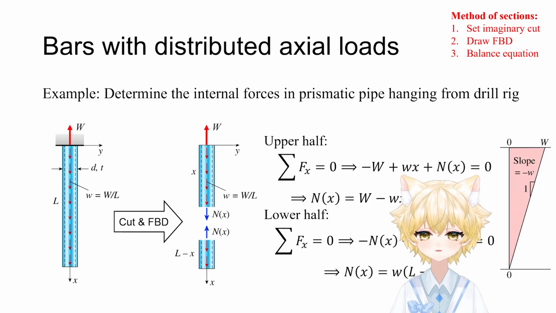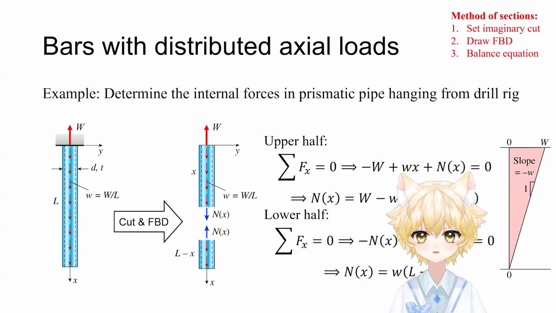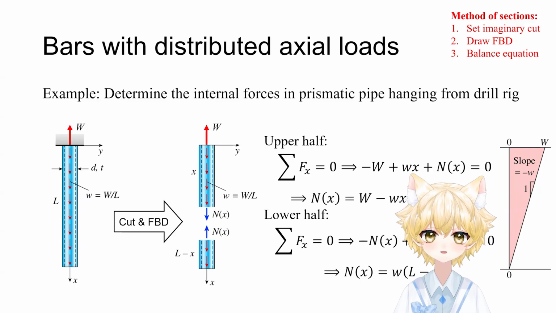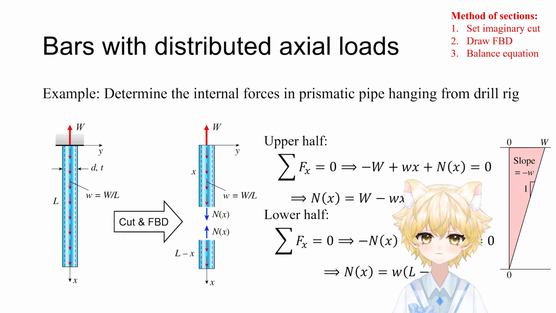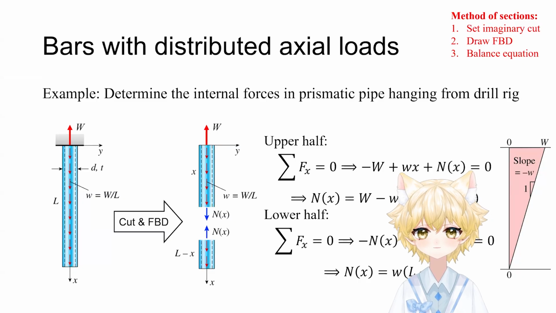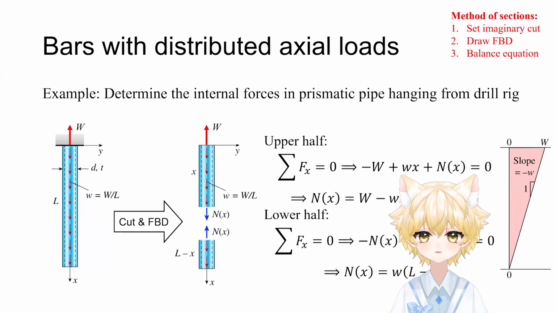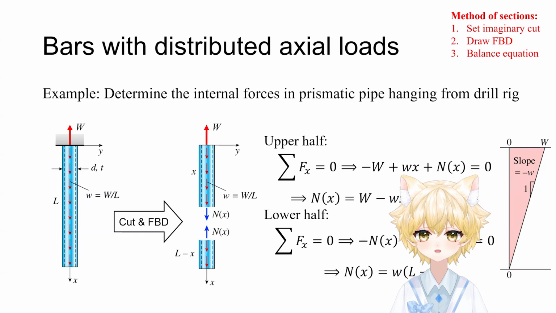If you keep the top segment, the length is x, so it's w times x. And the internal force N of x is pointing downward, for example, right? We just assume, okay, it's still in tension. The math works. As you can see, the sum of forces equals 0 leads to N of x equals small w times capital L minus x.